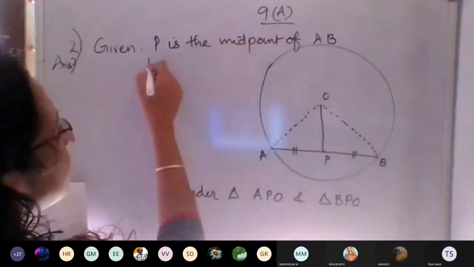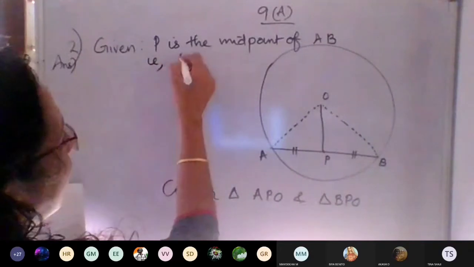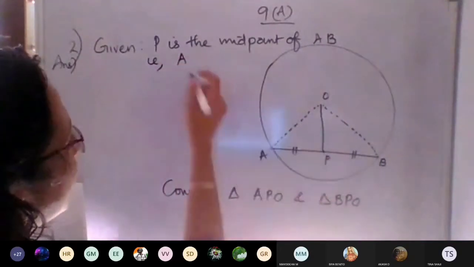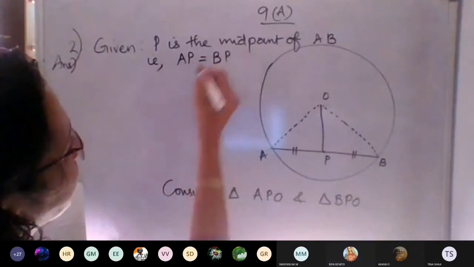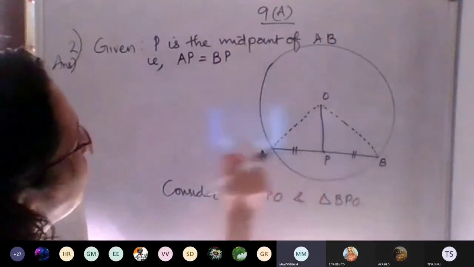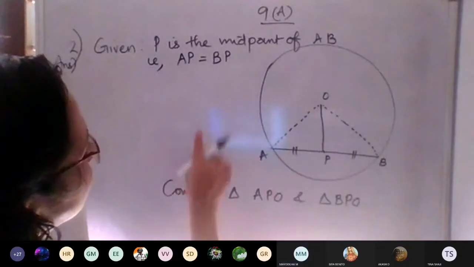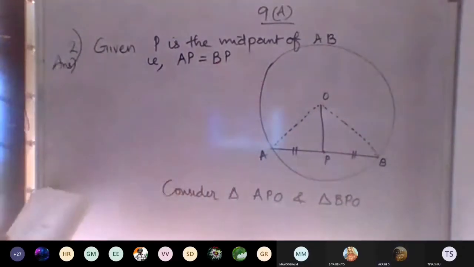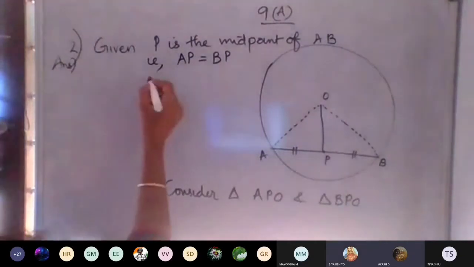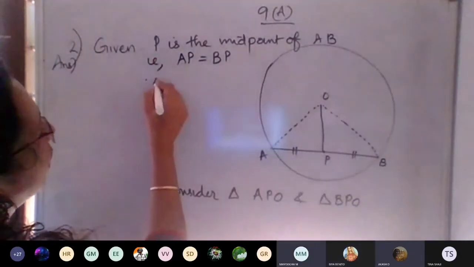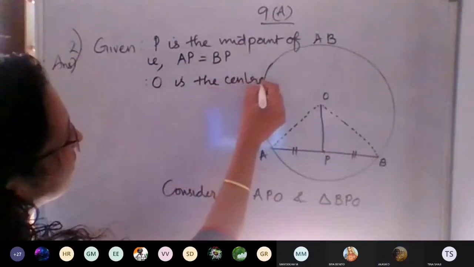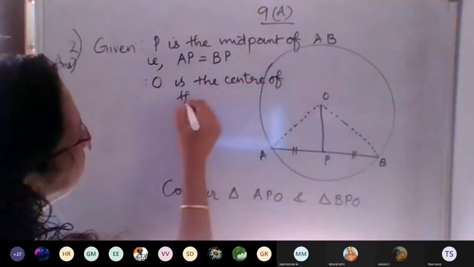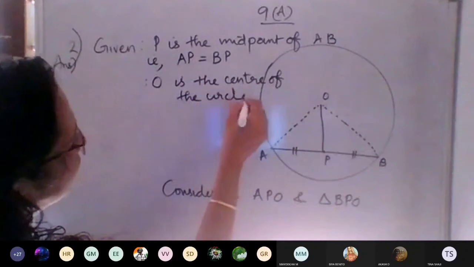So this sentence we can change. P is the midpoint means we can write AP is equal to PB. AP is equal to BP. Then also given, O is the center of the circle.